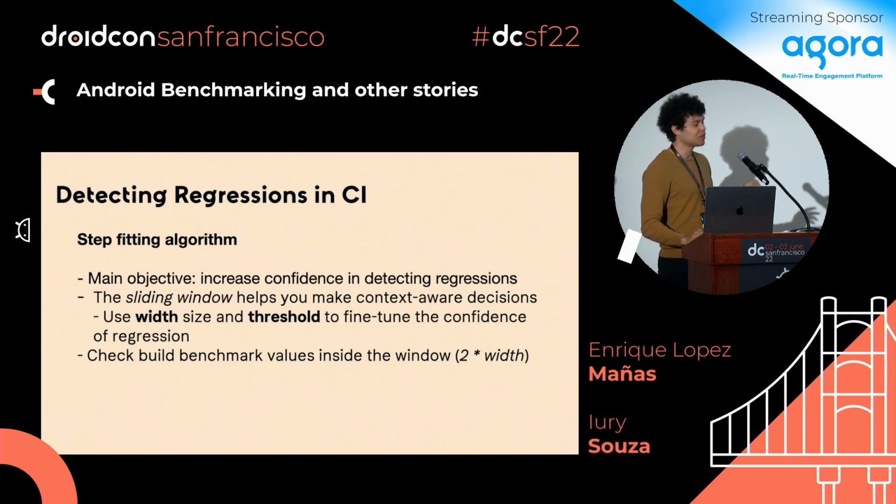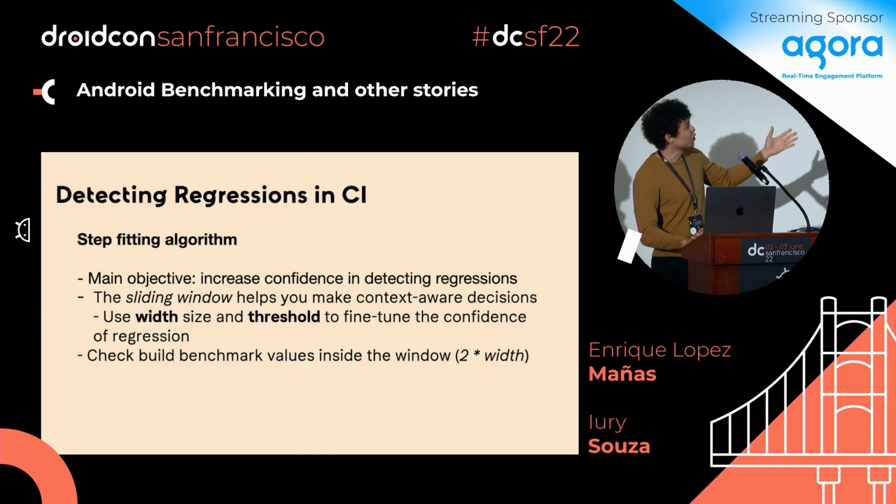Not really the average, there's a bit of math happening there, but it's basically that. And yeah, basically you're going to check the build benchmark values inside the window, so you're going to have a width and you're going to have a threshold.